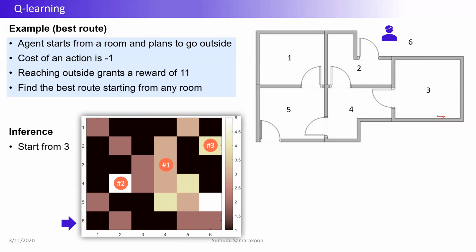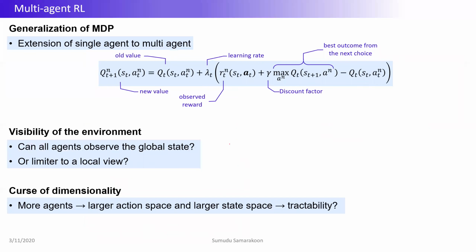So now we have discussed only one agent. What happens when we consider multiple agents? We can extend the Markov decision process defined for a single agent to multiple agents via generalization.